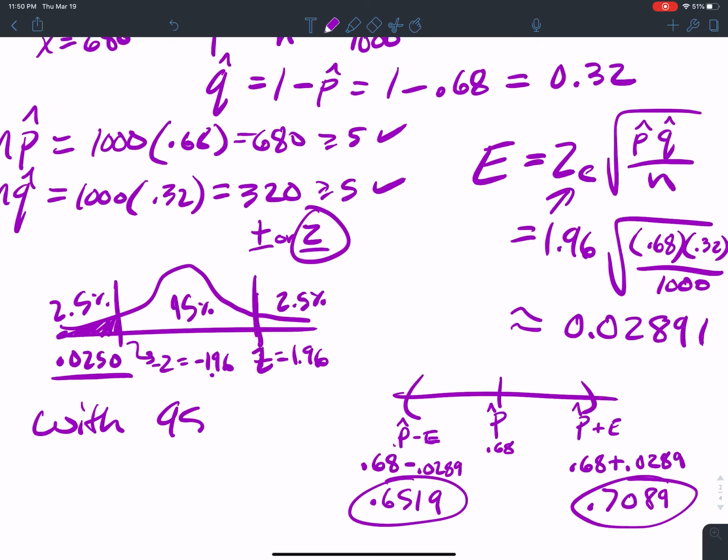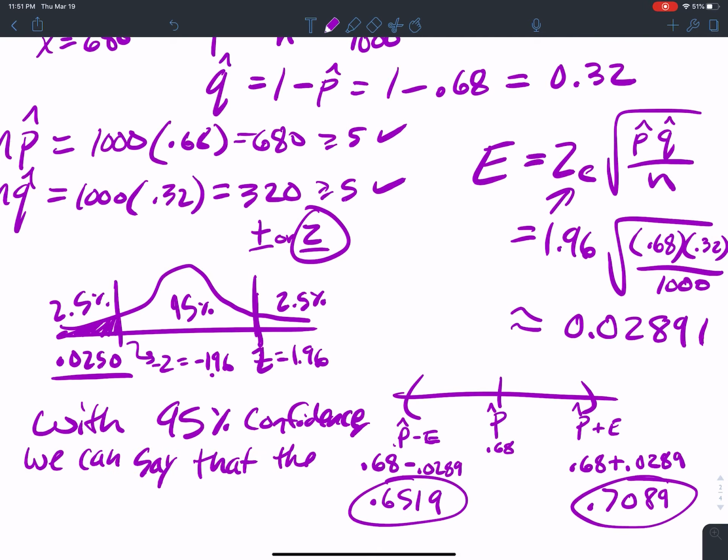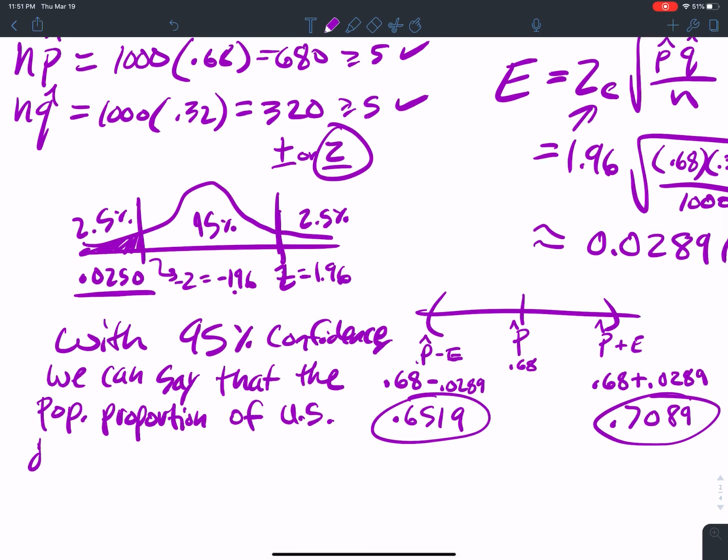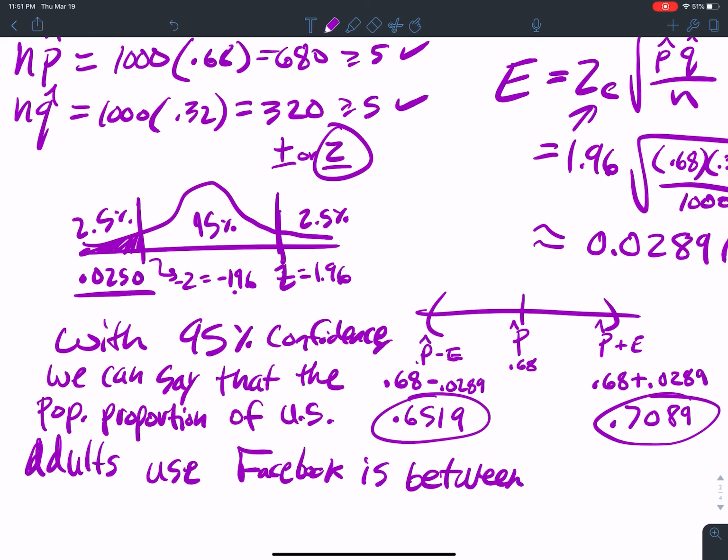So what does that tell me? With 95% confidence, we can say that the population proportion of U.S. adults who use Facebook is between 65.2% and 70.9%.